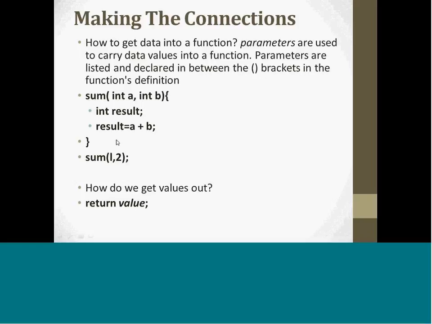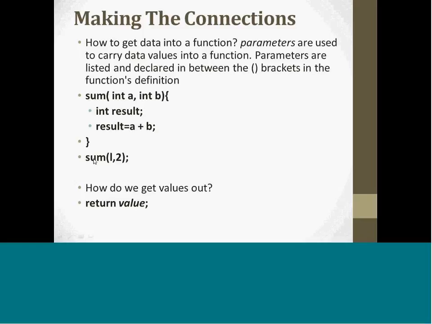For example, the next function is sum. It will calculate A plus B. To get data into the function, use those two parameters, both of which are integers. In the function, you do your calculation, A plus B.